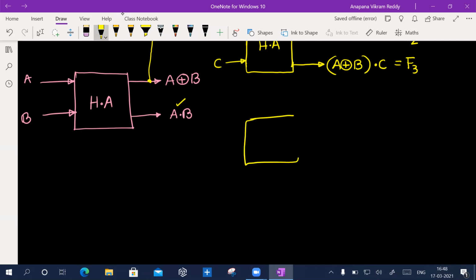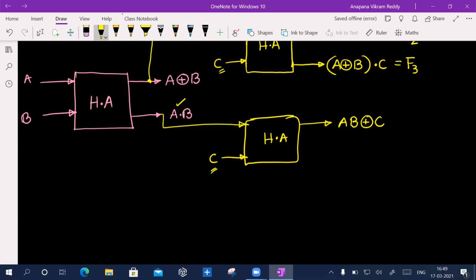So I'll take one more half adder. Either you can connect this C here, or I can take C again, no problem. This C and this C both are the same. Then I'll connect this one here. Now what do I get here? AB XOR C. This is enough for me. AB exclusive or C. That's it.